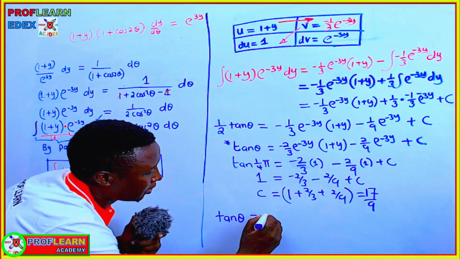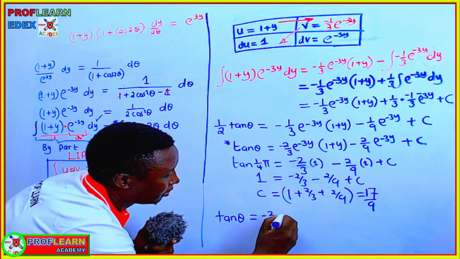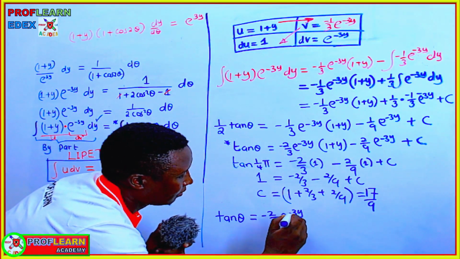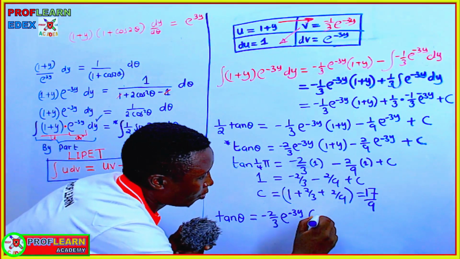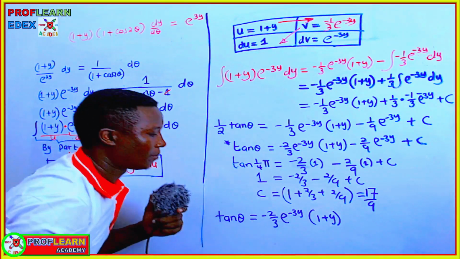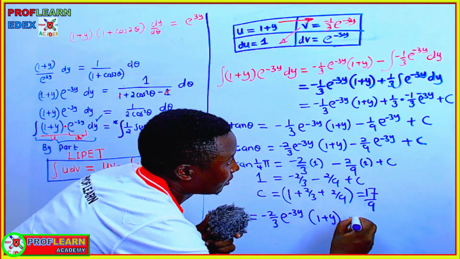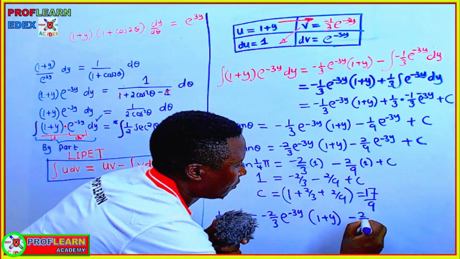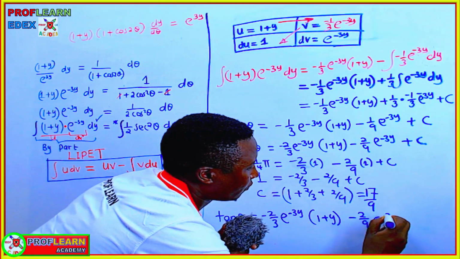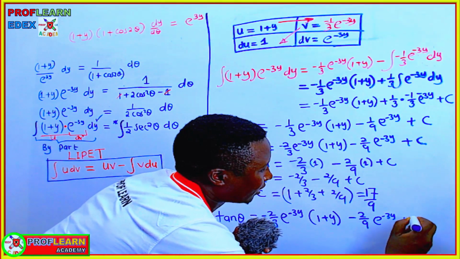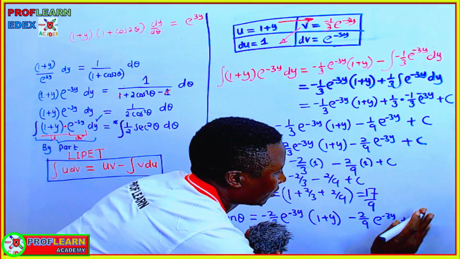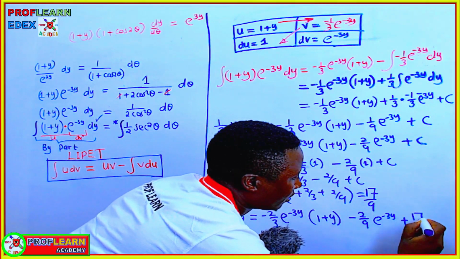Tan theta equals negative 2 over 3 e to the negative 3y into 1 plus y, then minus 2 over 9 e to the negative 3y, then plus 17, let me write it properly, 17 over 9.